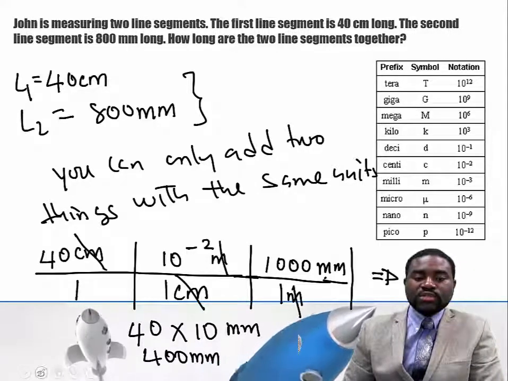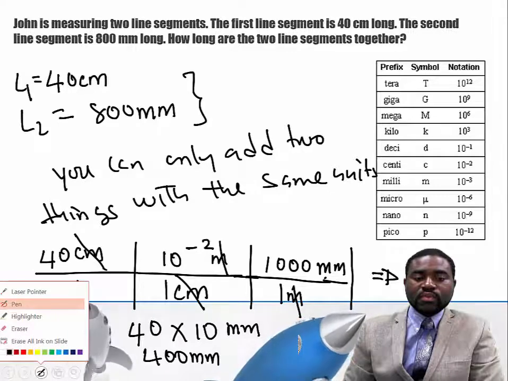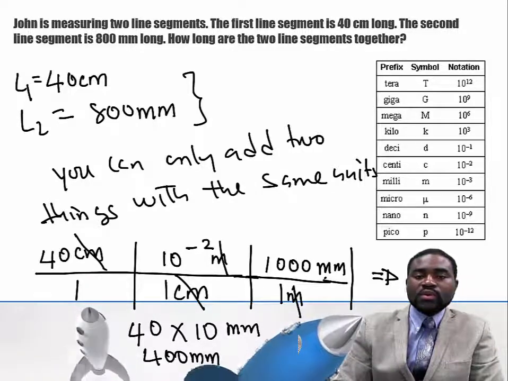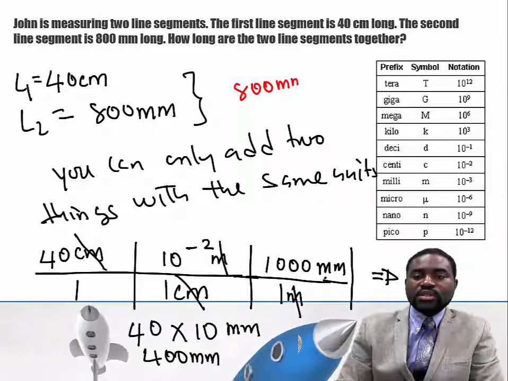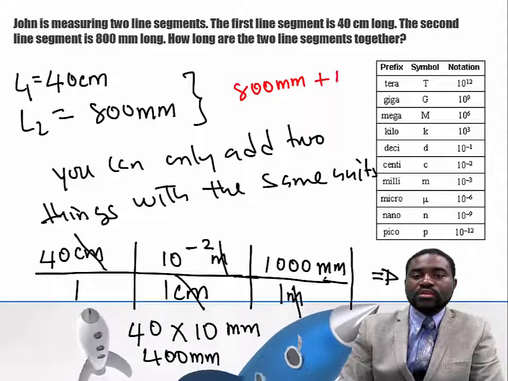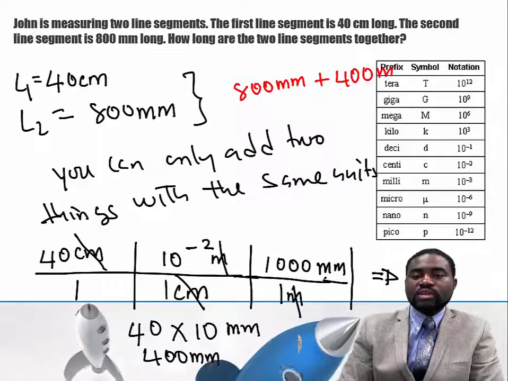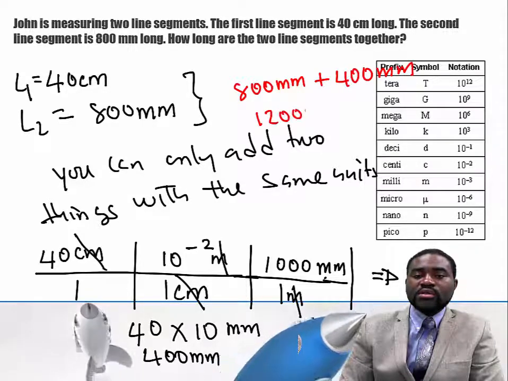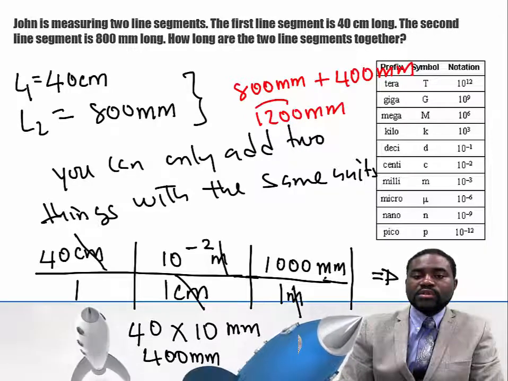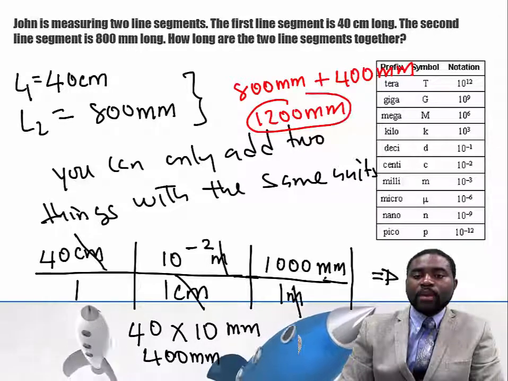Hence, our solution would be 800 millimeters plus 400 millimeters, which is just going to be 1,200 millimeters if you add the 2 lengths together.